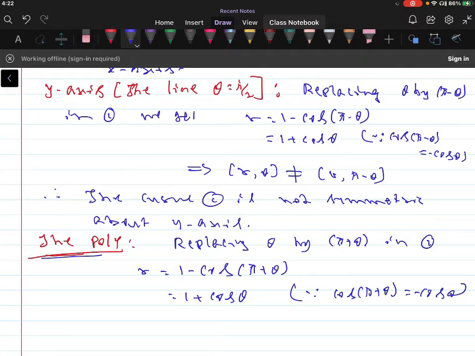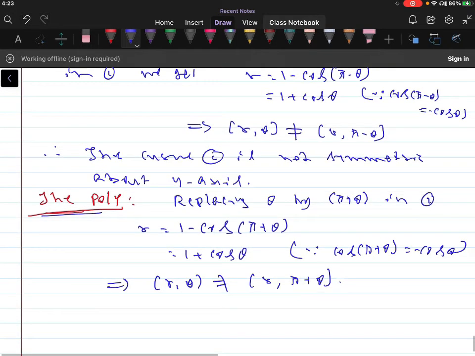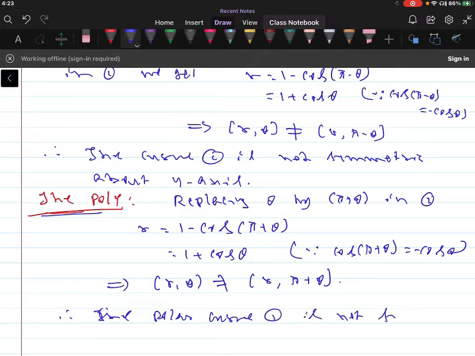So 1 plus cos theta is not the same as the given equation 1. So this implies r comma theta is not the same as r comma pi plus theta. So therefore we can conclude that the polar curve, that is equation 1, is not symmetric about the pole.